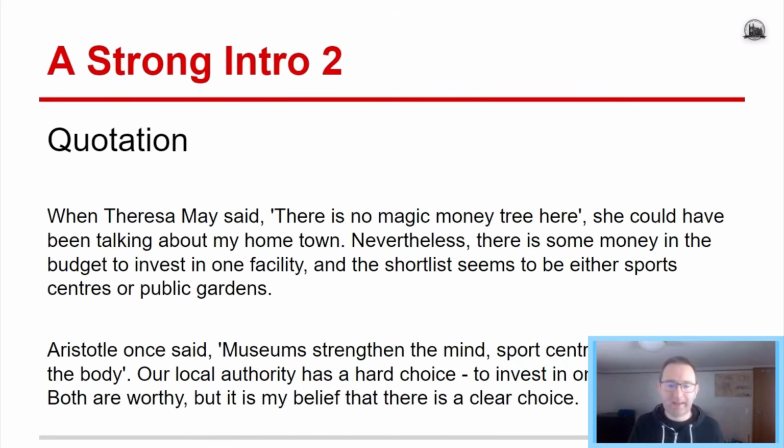So, it's fine. Then this one: "Aristotle once said, 'Museums strengthen the mind, sports centres strengthen the body.' Our local authority has a hard choice to invest in one or the other. Both are worthy, but it is my belief that there is a clear choice." And again, I've written my belief, so be careful with that kind of thing. Now, you could Google this phrase and you won't find it.